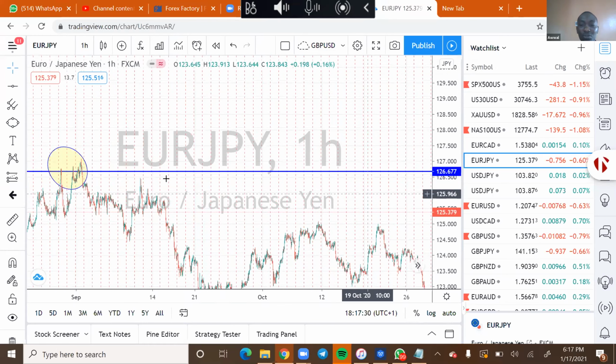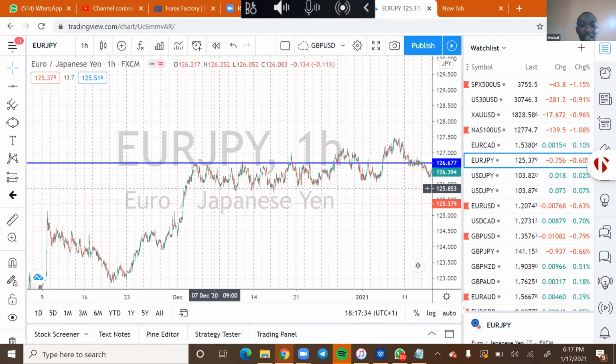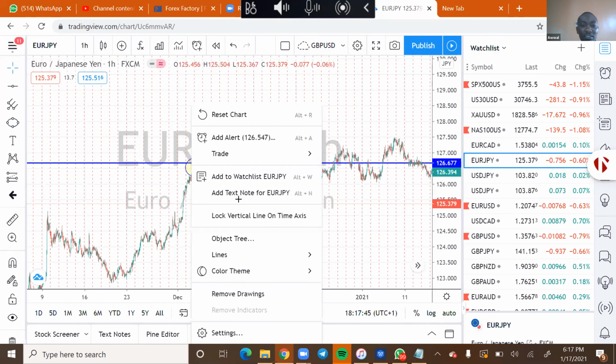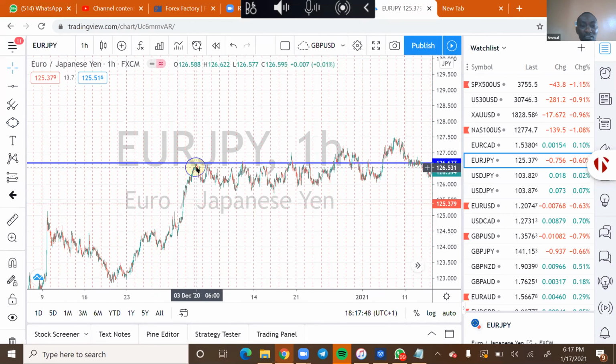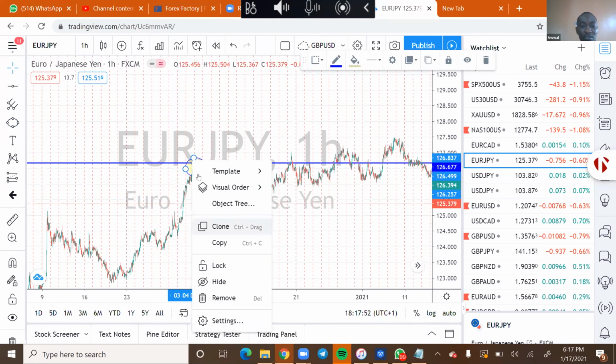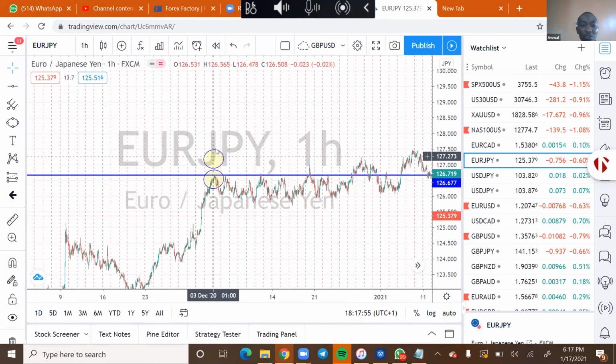That was August 2020, last year. Now you can see what happened again in December 2020. You can see all these areas serving as resistance. So that is what we mean by support and resistance.